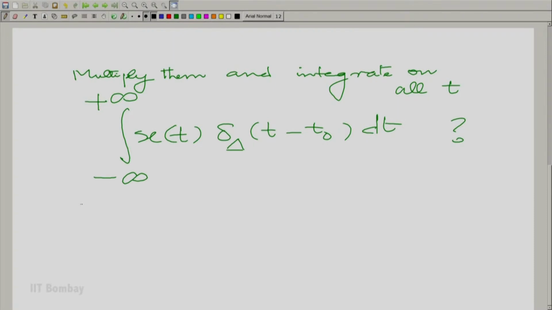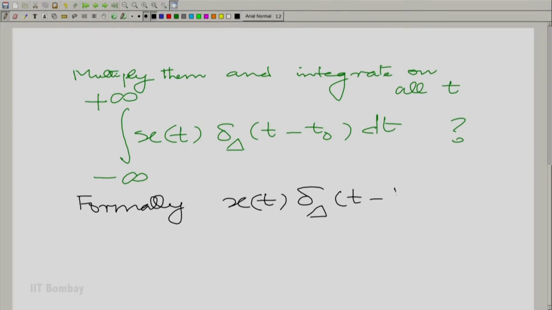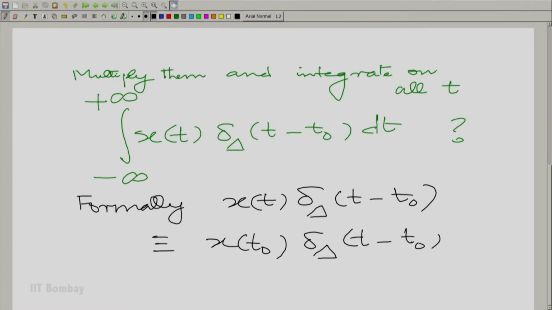So, in other words, what I am saying formally in mathematical language, formally x of t times delta capital delta t minus t0 is almost equivalent to x of t0 delta t minus t0. Now, you must appreciate what I am saying here.